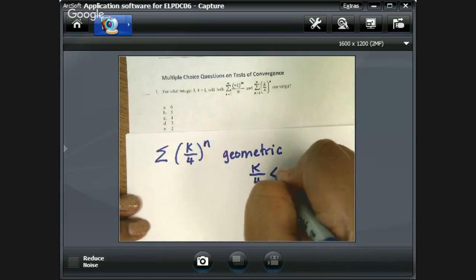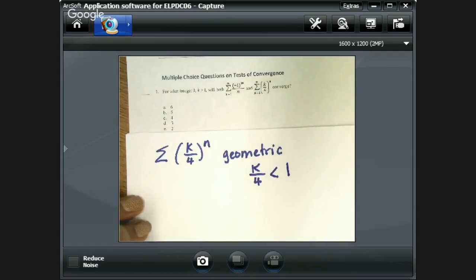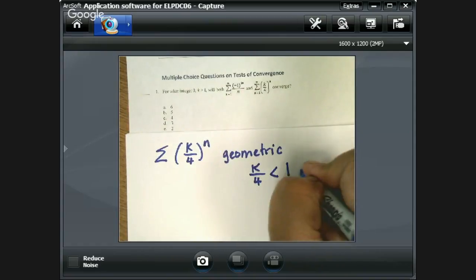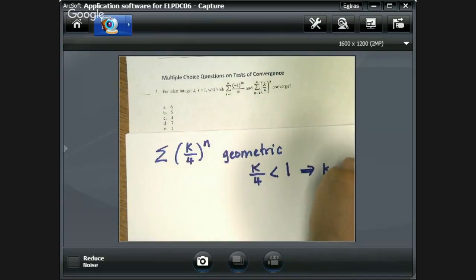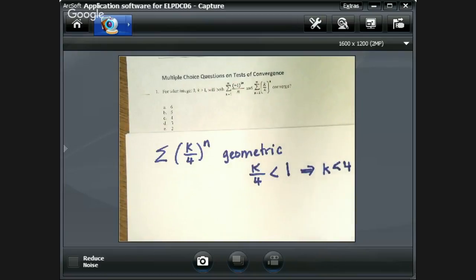So it converges when k over 4 is less than 1, which means that k must be less than 4. Well, looking at my choices now, I can immediately eliminate A, B, and C, because none of those numbers are less than 4.